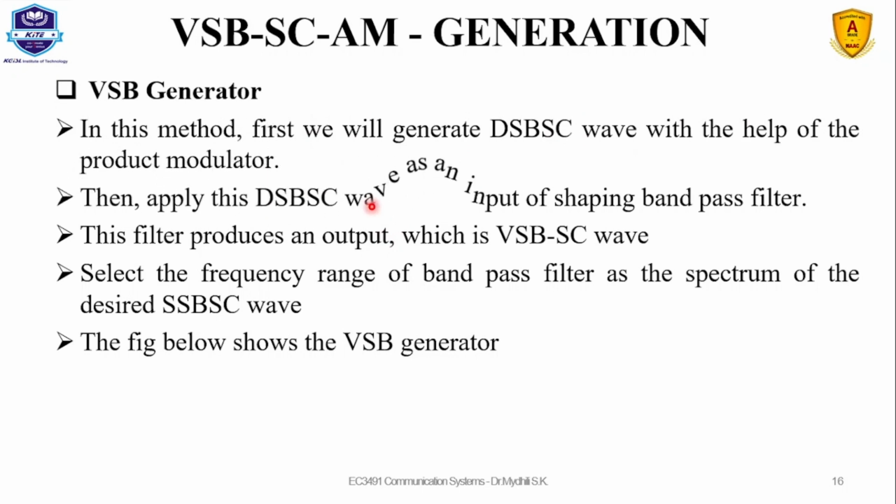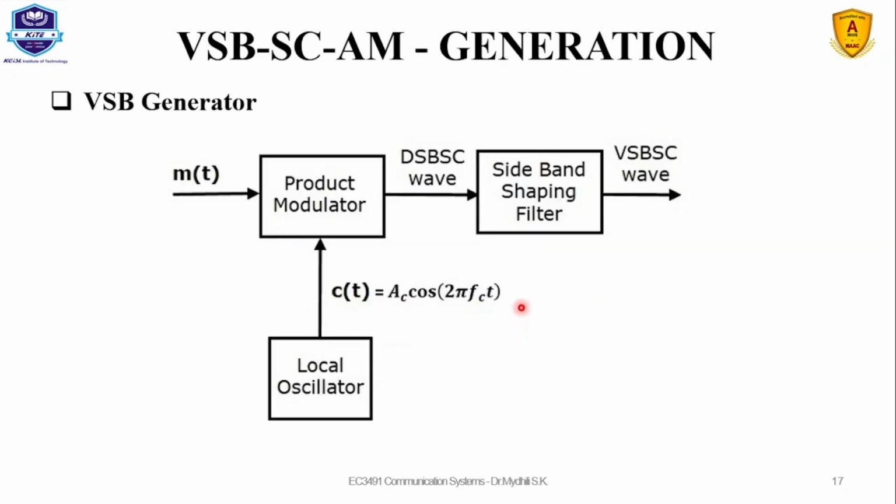Then we apply the DSB wave as an input to the band pass filter. This filter produces a vestigial sideband output wave. Selecting the frequency range of the band pass filter as the spectrum of the desired SSB-SC wave, we get the VSB generator output.